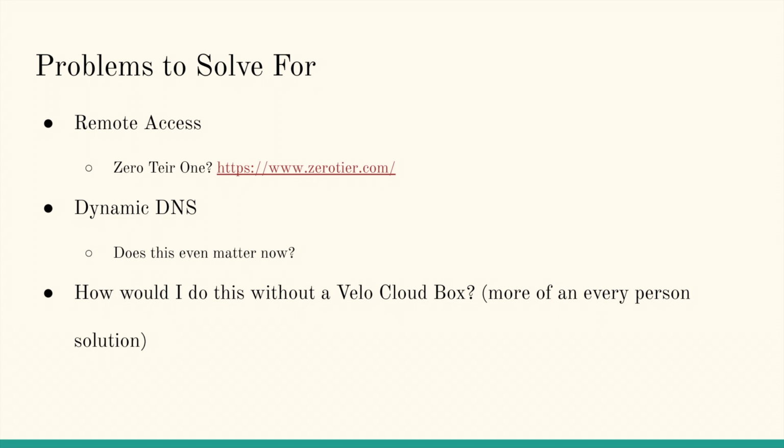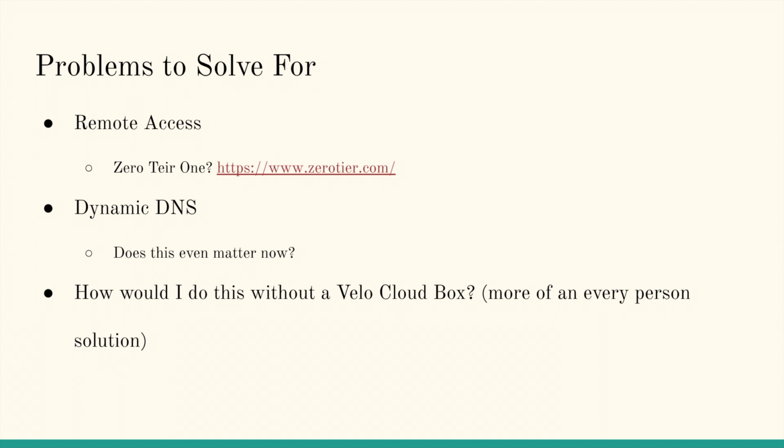Dynamic DNS. Essentially, I have a dynamic IP from my internet provider, which in this case is even more dynamic because it's using carrier grade NAT. If you're not familiar with that, it's something good to read up on when you have a lot of time. It's essentially how cell phone providers and now Starlink are able to get so many people on the same network.